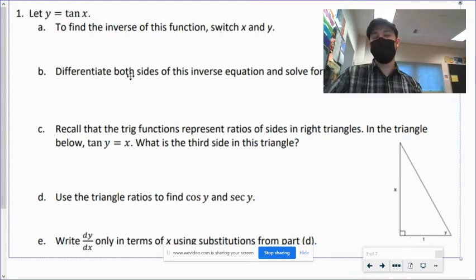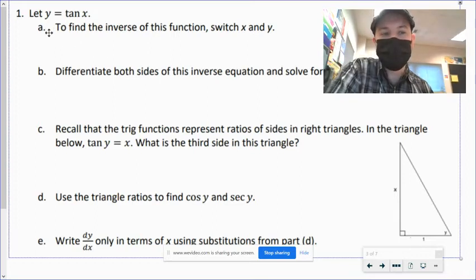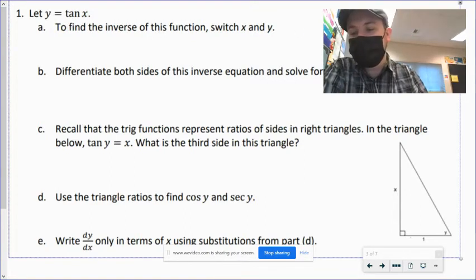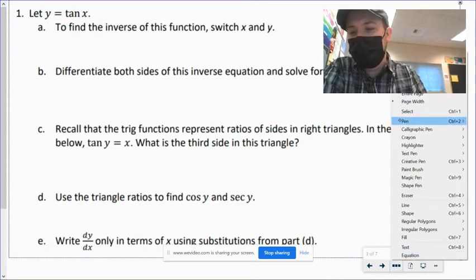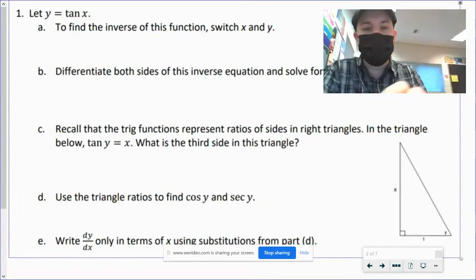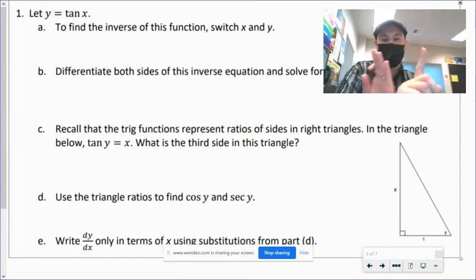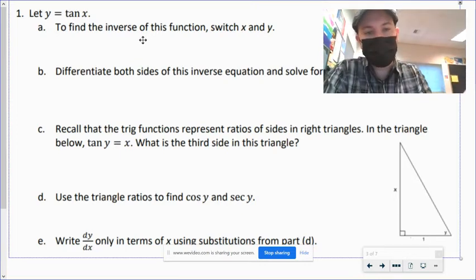So here's a little exploration to get us started on that. So part A, if y equals the tangent of x, let's write this as an inverse. And we're not actually going to solve the inverse, we're just going to write it as an inverse. To do that, you switch your inputs and your outputs. So we have x is equal to the tangent of y.